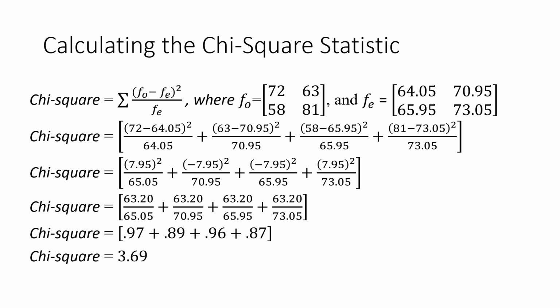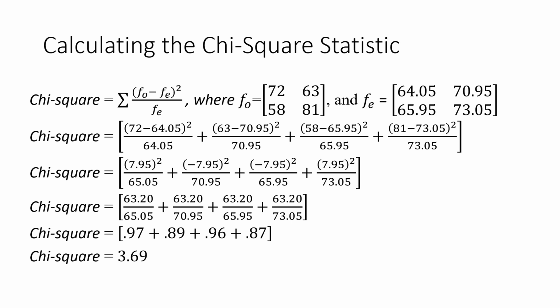So we have our observed frequencies minus expected frequencies already squared. And then in the next row down, we simply carry out the calculations. So we take observed frequencies minus expected frequencies squared, and then we divide that by the expected frequencies, and then simply add up the four numbers corresponding to each of the four cells.